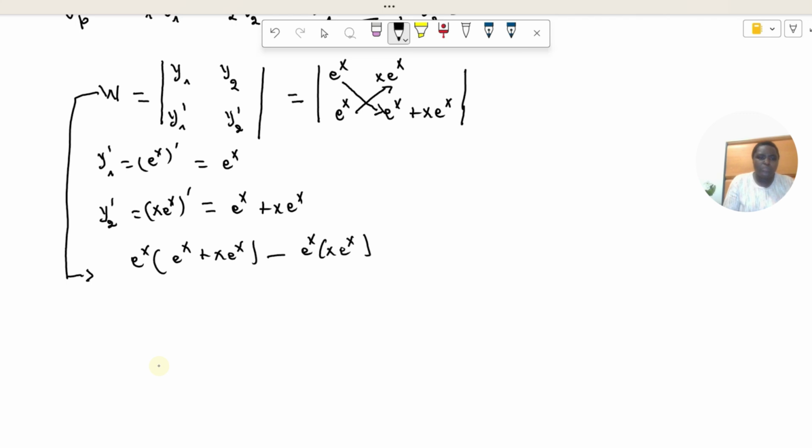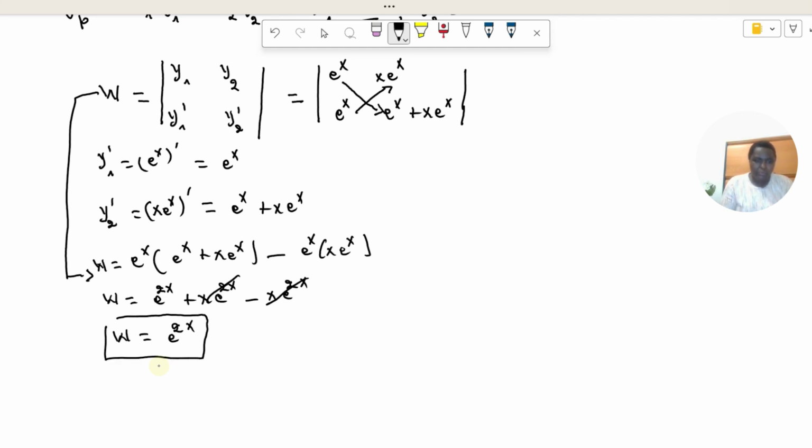So we have our W equal to e power 2x plus x e power 2x minus x e power 2x, and you can see that these and these are simplified and we get our Wronskian to be equal to e power 2x. Since the Wronskian is equal to e power 2x, now we are able to compute our parameters u1 and u2.